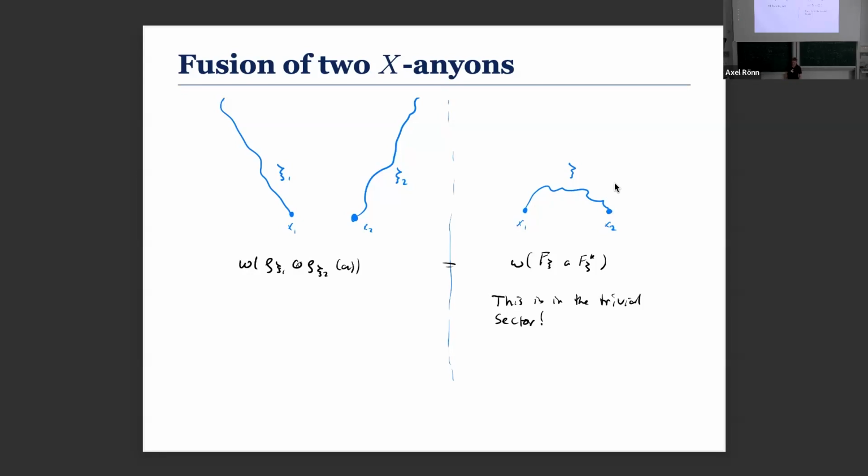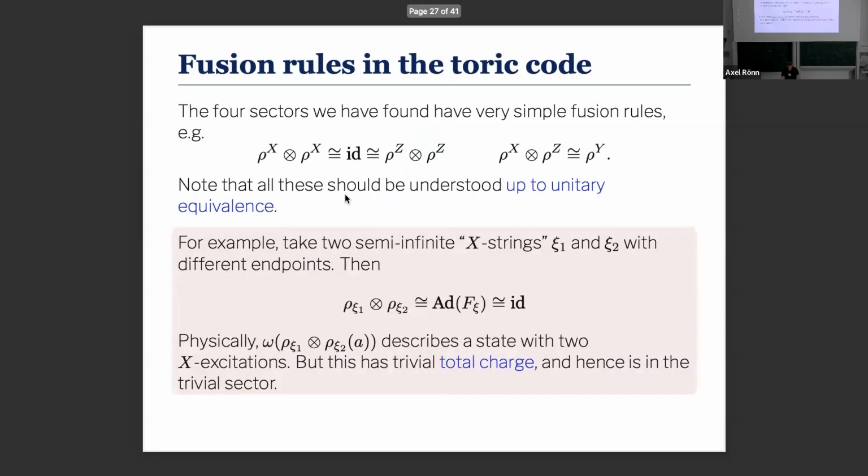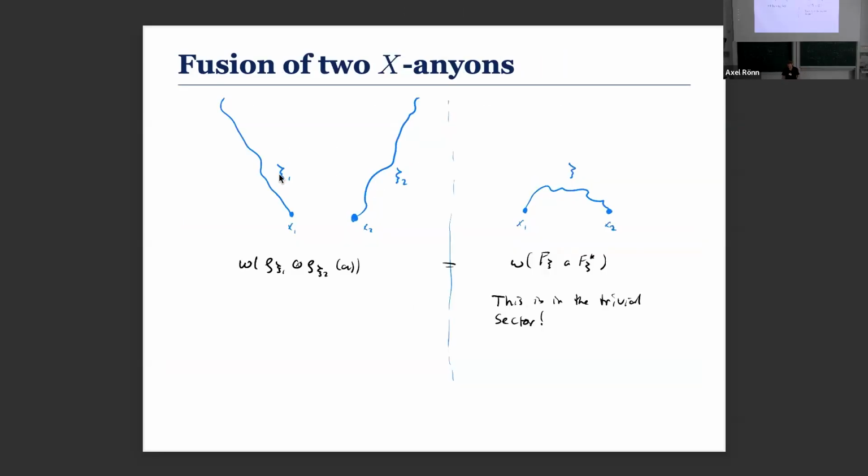This is related to the question that we had earlier about the ground states of the toric code. So it's not right to say that if you fuse these two things you get a trivial state with no excitations, but you get something in the trivial sector. So in the toric code, the excitations will be 0, 1, or 2.